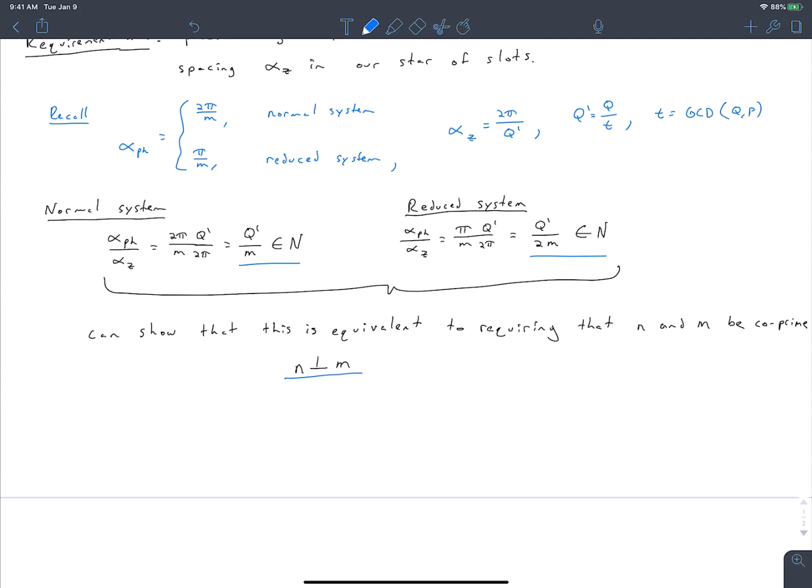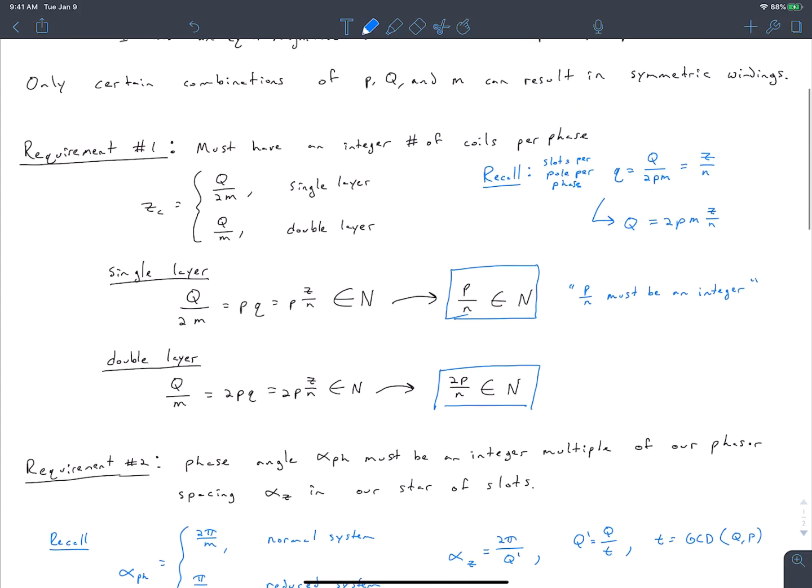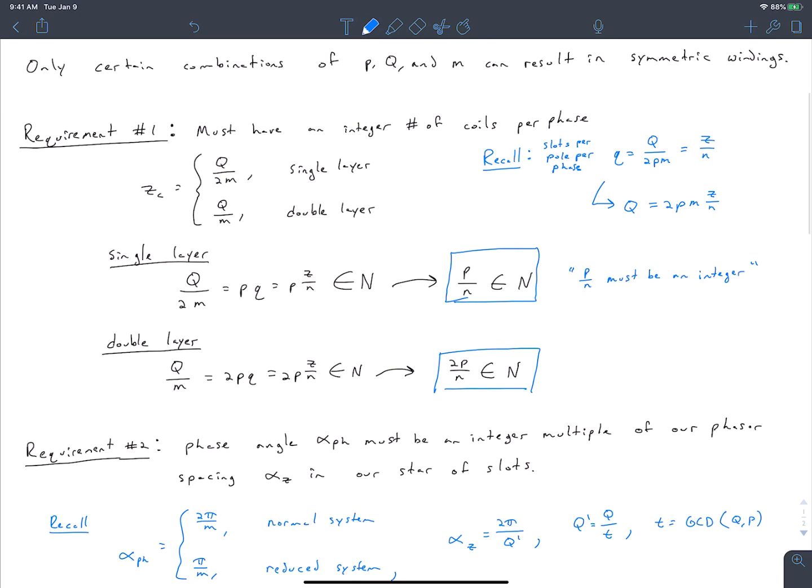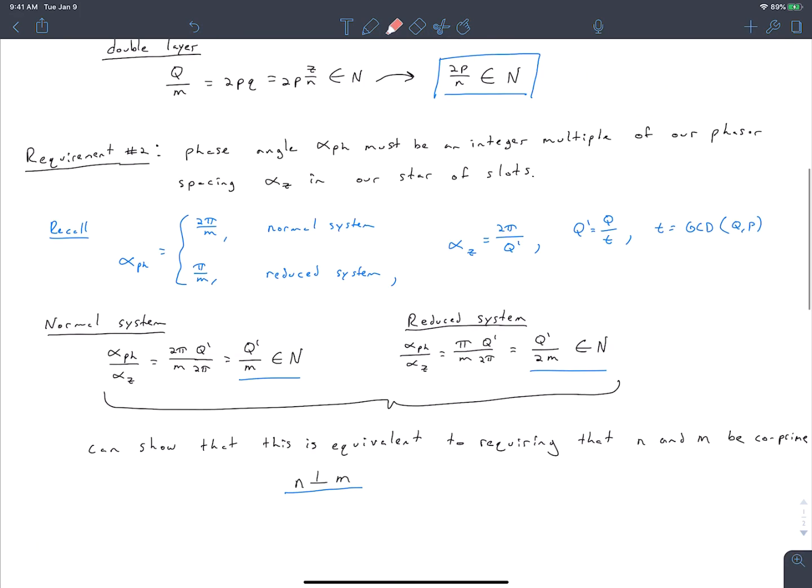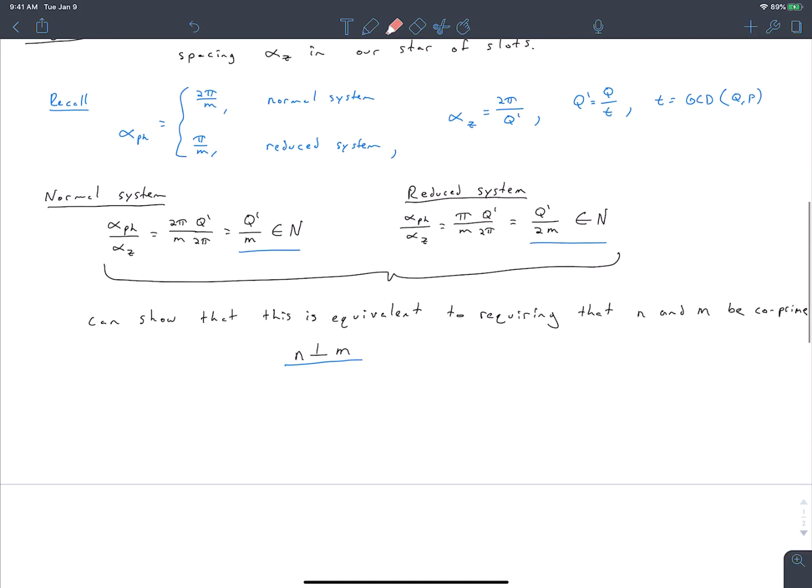So these are our two symmetry conditions. The two symmetry conditions were, again, that we required an integer number of coils per phase, and we could express this in terms of p and n, and that we need our phase angle spacing to be an integer multiple of the spacing in our star of slots. And we were able to express this in terms of requiring that n be coprime with our number of phases.